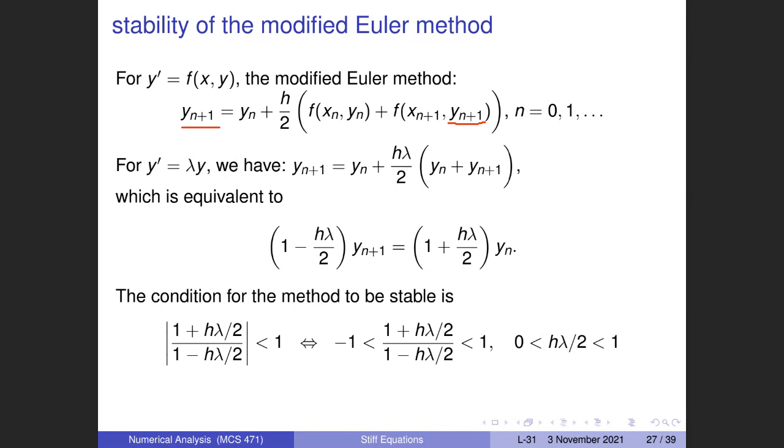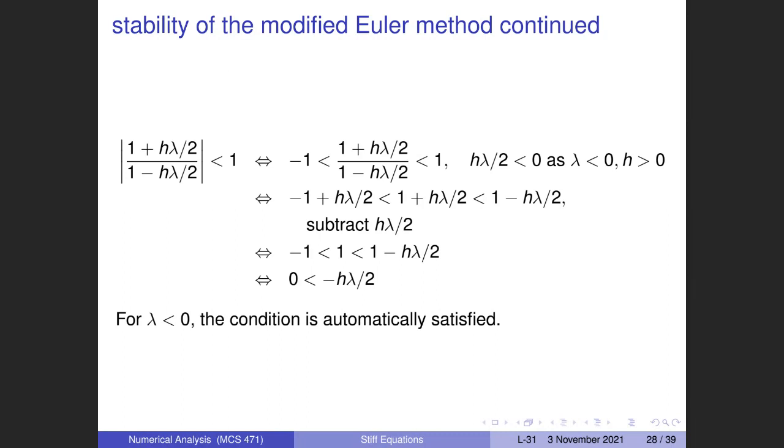The relationship between h and lambda is actually now quite a good one. So here we have this condition. If this is satisfied, then the method will be stable. Here this is worked out in greater detail.